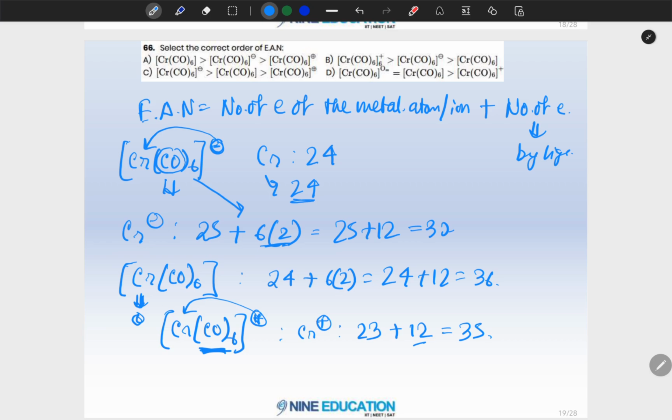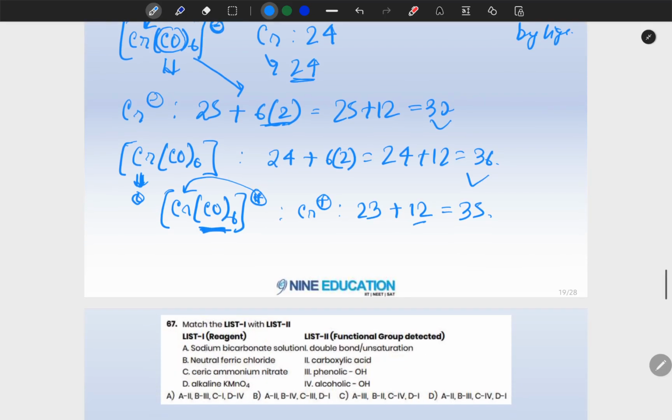Clearly [Cr(CO)6]- has more EAN value than [Cr(CO)6], which in turn has more EAN value than [Cr(CO)6]+. So obviously C is the correct answer. The value of EAN for this complex is 37, for this complex it is 36, and for this complex it is 35. C is the correct answer.